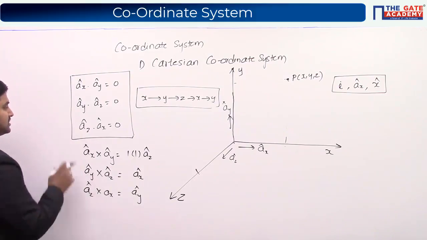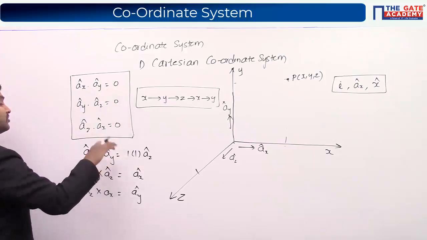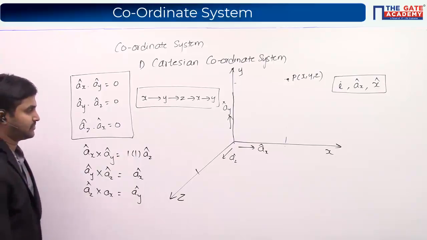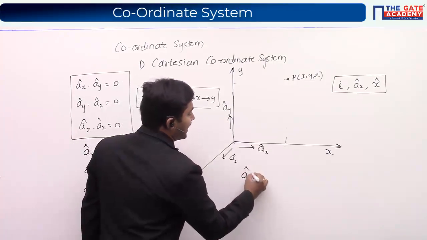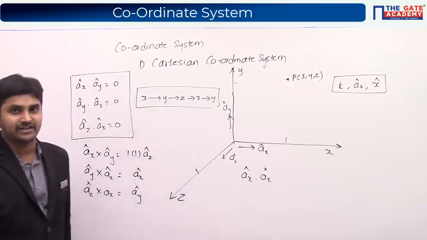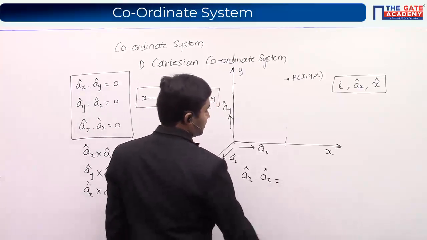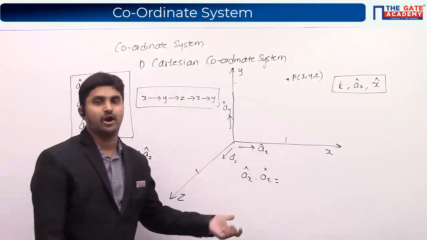Right? So this is nothing but orthogonality. Ax dot ay is 0, ax cross ay is not 0, it is going to be maximum, which is 1. Now what if I do the dot product between the parallel vectors? Ax dot ax, the dot product is going to be maximum if it is parallel vectors.